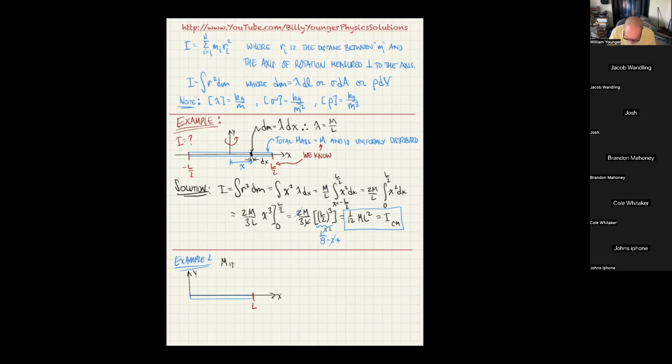M is uniformly distributed along, I can say it this way, I'm choosing to do so that you can pretend like we know L as well. So again, what this implies is, let's write our solution.